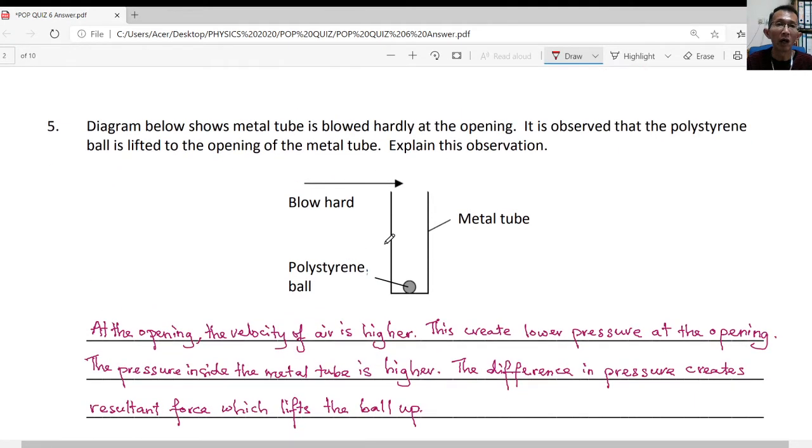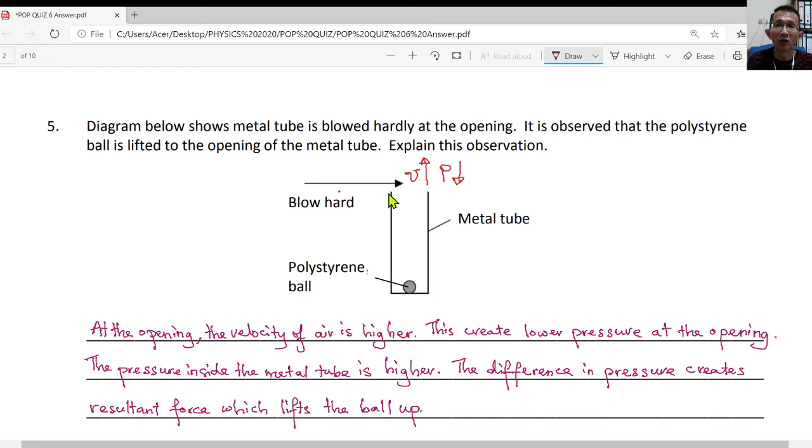Now we have a metal tube and then we blow at the opening. So when we blow at the opening, the velocity of the air would be higher, right? Bernoulli says that whenever we have high velocity, then the pressure must be low.